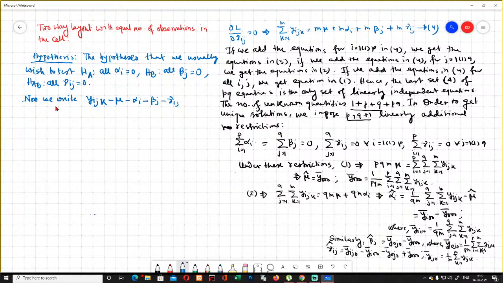So it can be written as yijk minus mu hat minus alpha i hat minus beta j hat minus gamma ij hat, plus mu hat minus mu, plus alpha i hat minus alpha i, plus beta j hat minus beta j, plus gamma ij hat minus gamma ij.